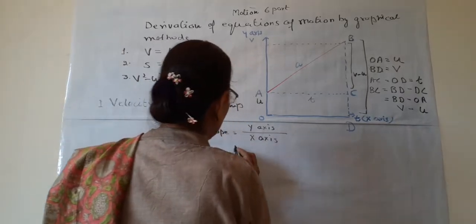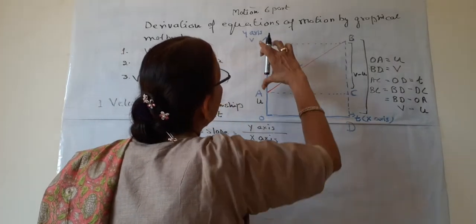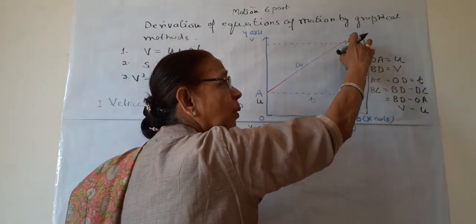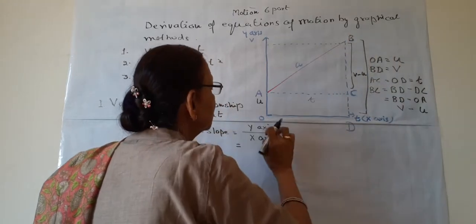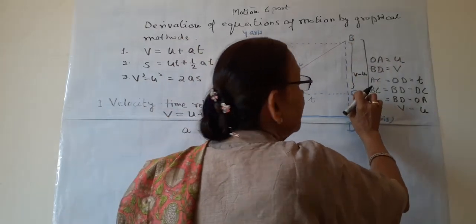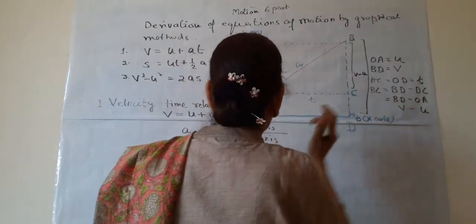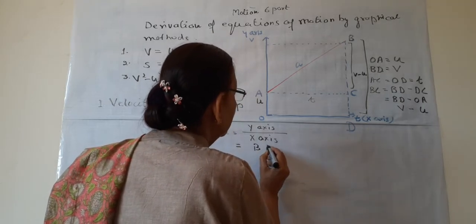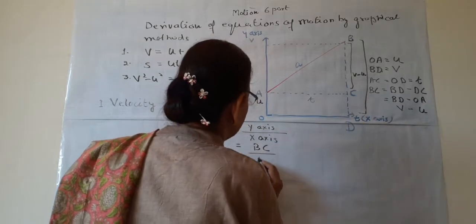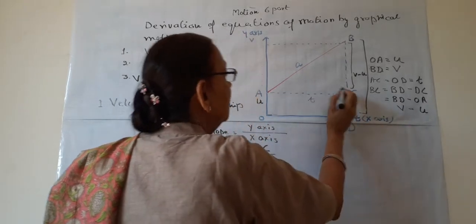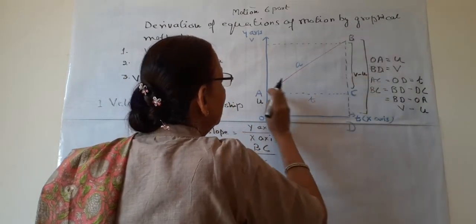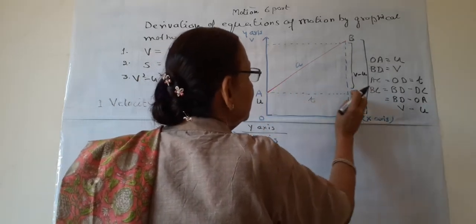The graph starts from A, it completes on B. So for this graph line, the y-axis is BC and the x-axis is AC. So the vertical y-axis is BC and horizontal x-axis is AC.